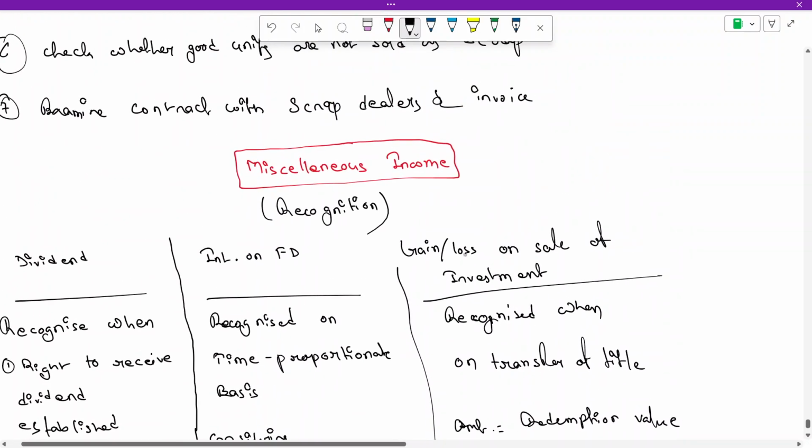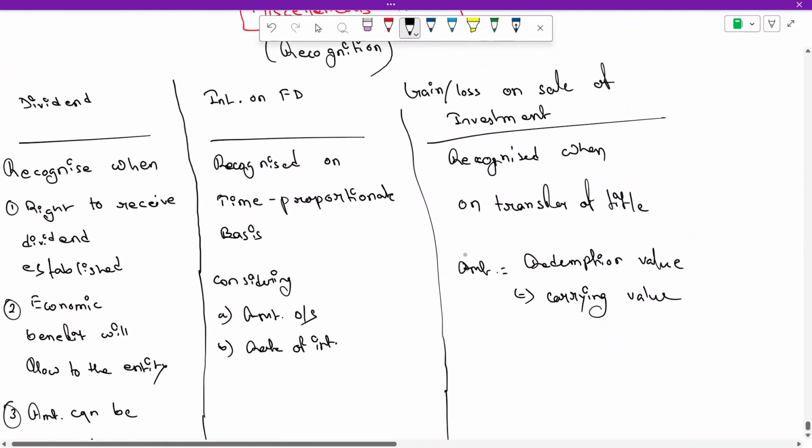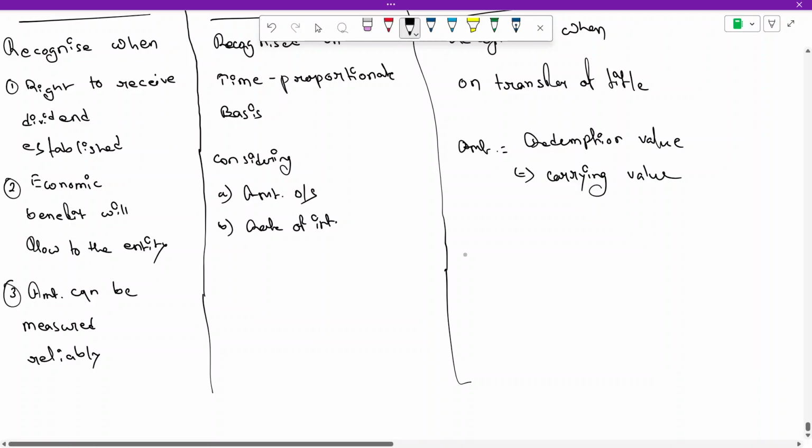So when will we recognize dividend, interest on FD and gain or loss on investment? For dividend, recognize when right to receive dividend is established, economic benefit will flow to the entity and amount can be measured reliably.